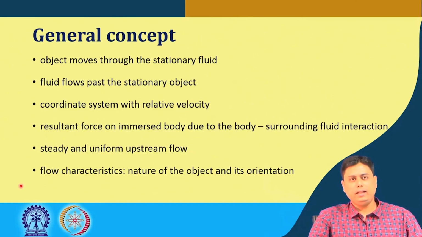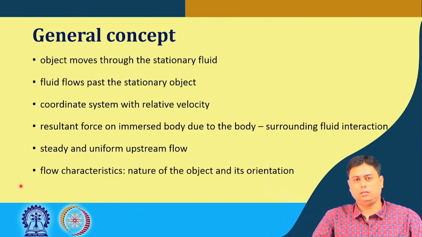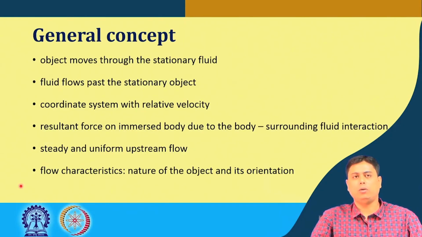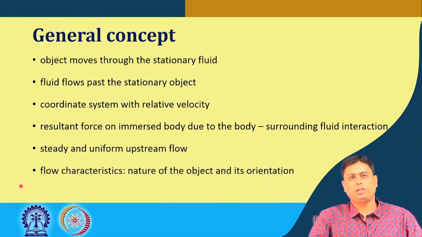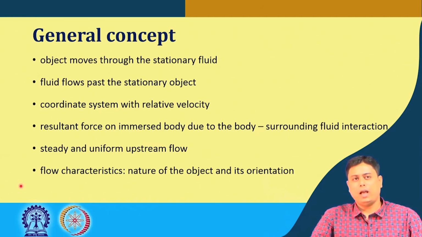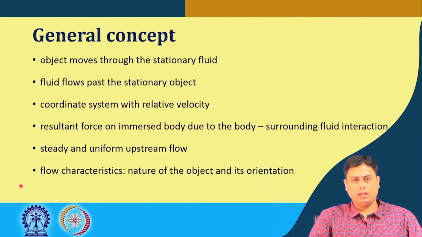So, the point is that when there is a flow around the object, there can be two scenarios. The object moves through the stationary fluid, or the fluid flows past the stationary object. In both scenarios, we can fix a particular coordinate system with a relative velocity, where eventually the system becomes an object around which flow is happening.